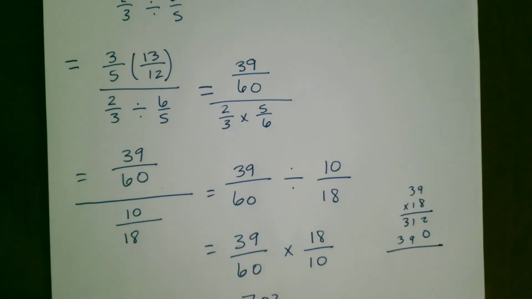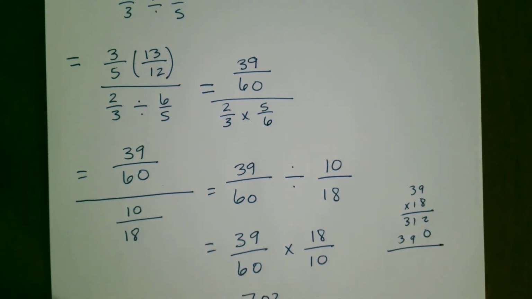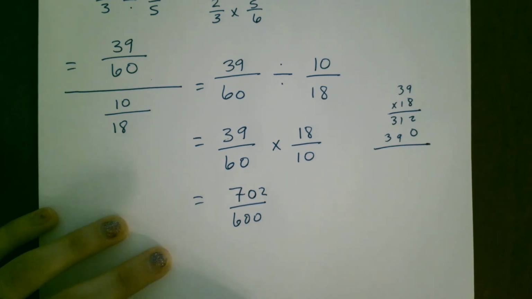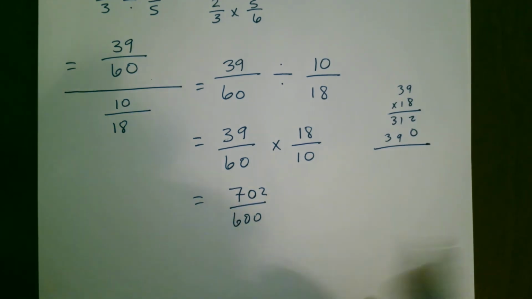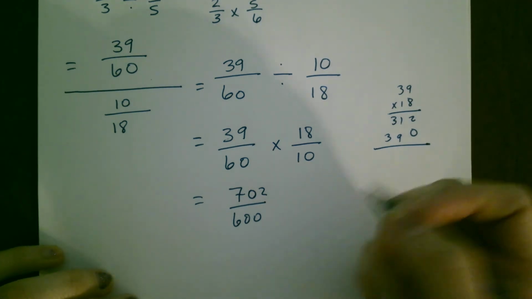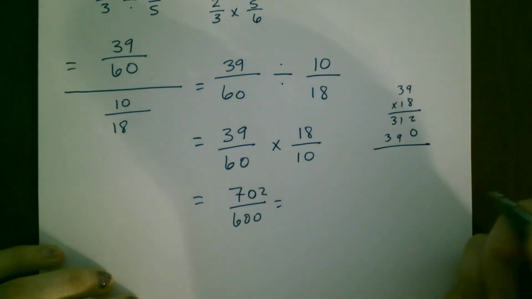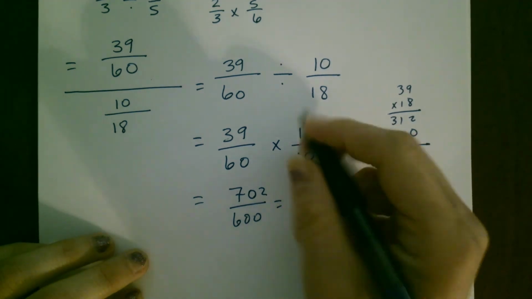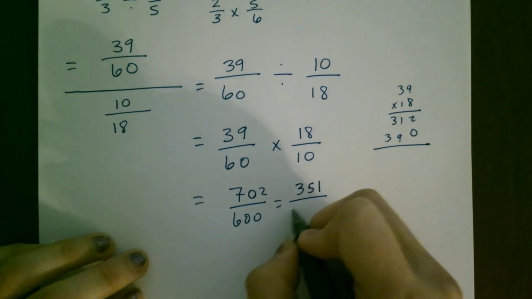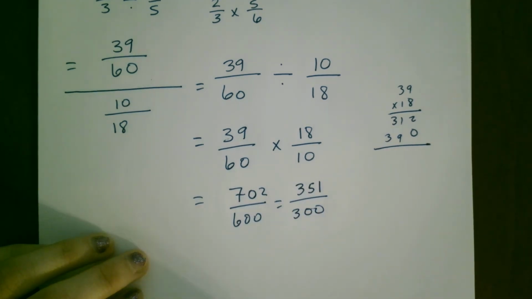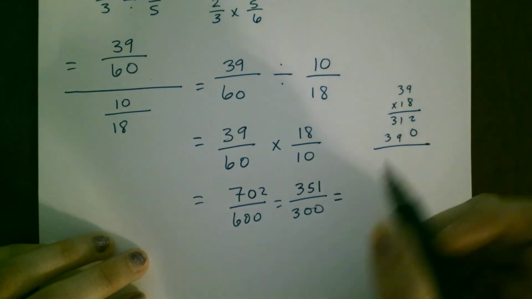And I'm going to go ahead and reduce this. I could do the prime factorization, but these are kind of big numbers. I know they are both divisible by 2, so I'm going to divide top and bottom by 2. I get 351 over 300. They are both divisible by 3, so I'm going to divide top and bottom by 3.